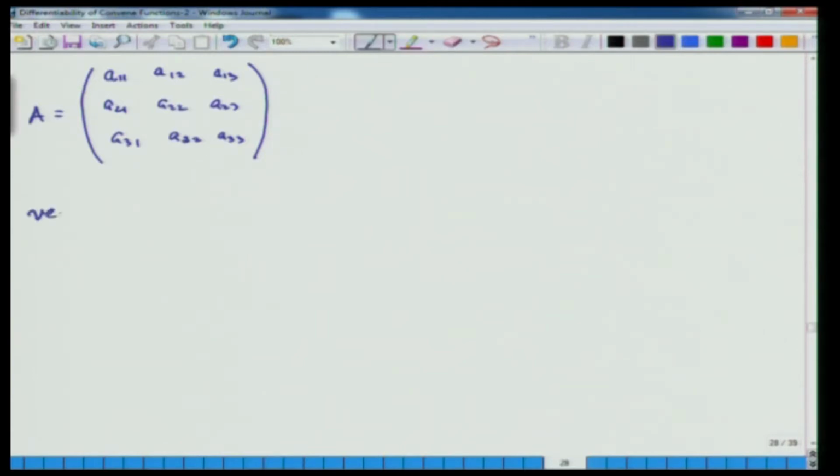So Vec of A is A11, A21, A31, A12, A22, A32, A13, A23, A33, transpose, because we write things as column vectors.